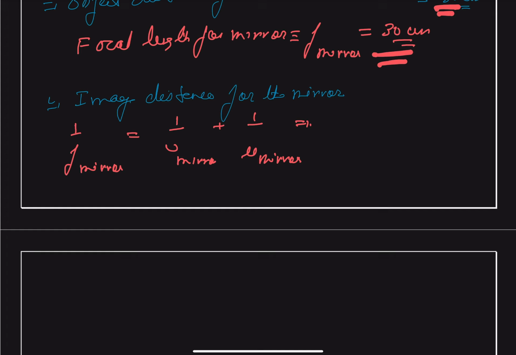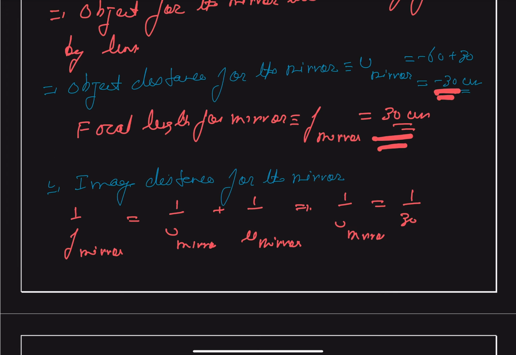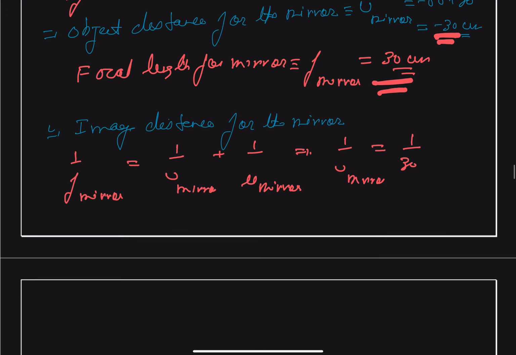So we need from here 1 upon v mirror, the image distance, which will be equal to 1 upon 30, and here it should be minus, and this comes as plus 1 upon 30.